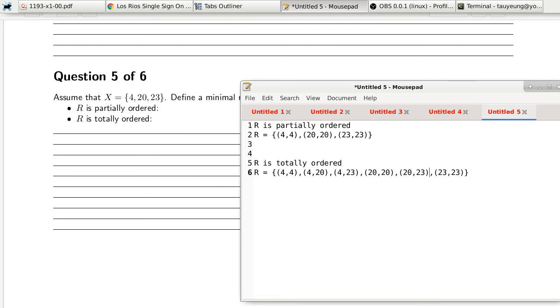So we have (4,4), (4,20), (4,23), (20,20), (20,23), (23,23). This is done. Basically, this relation is less than or equal to, because we know that less than or equal to is totally ordered. And this is the minimal too, because if you drop any one of these, then you have the problem of an element not relating to another element in the set. So that's totally ordered.